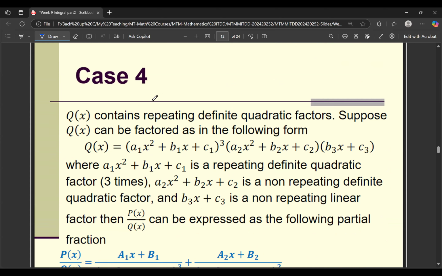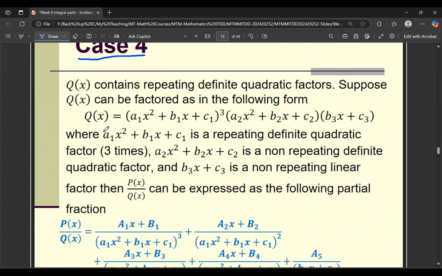The last case is case 4. In this case, we have the situation where Q(x) contains repeating definite quadratic factors. So this is our Q(x).